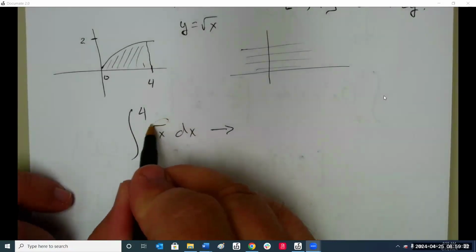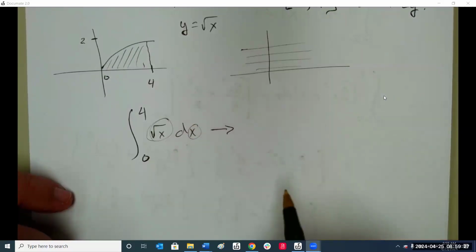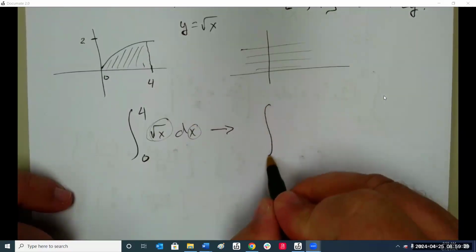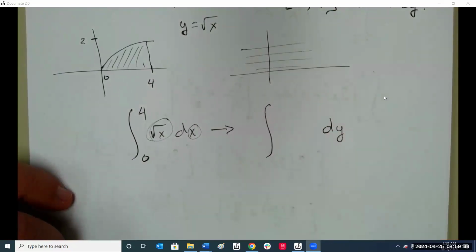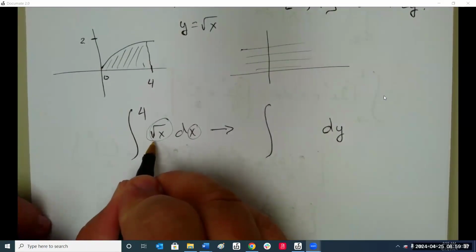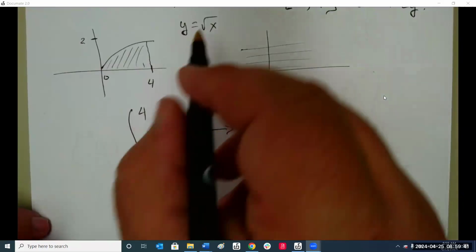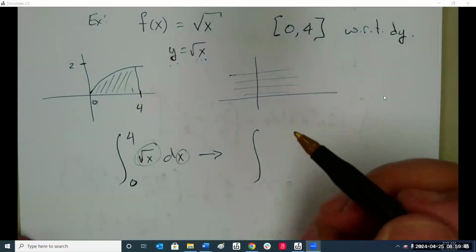So first off, we have to change this one, and we have to change this to be a function of dy. So what is this going to be? Because that's what the function equals. Solve for x.